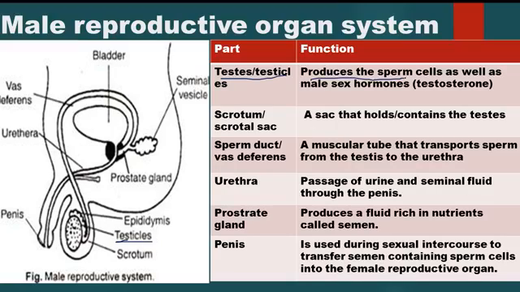Now, apart from producing the sperm cells, they also produce the male sex hormones. These male sex hormones, we call them testosterone. That's the spelling. Please mark the spelling because sometimes we take these spellings seriously when it comes to exams.